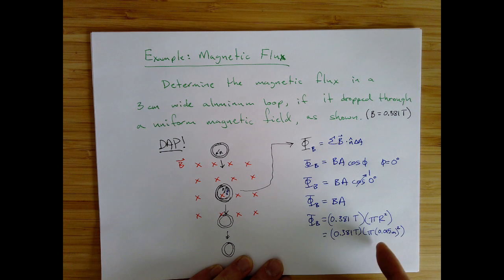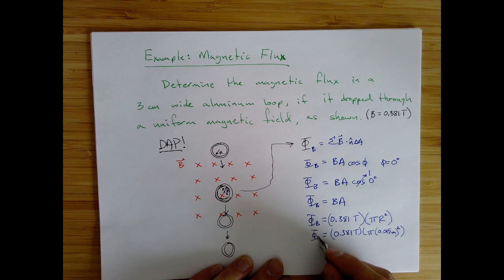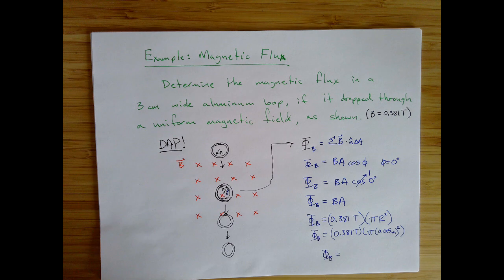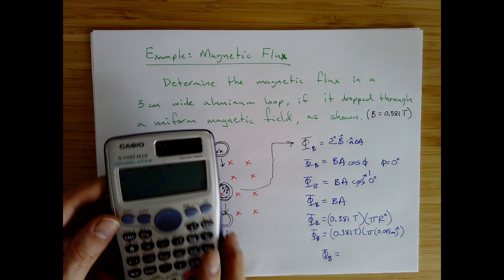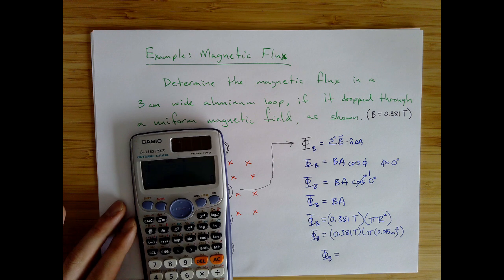So that's 0.000225, I think, and we'll multiply by this, and then we can multiply by pi and get our solution. So phi b is equal to, and we have to calculate this. I normally won't do this, but I came unprepared, so we'll have 0.381 times pi.